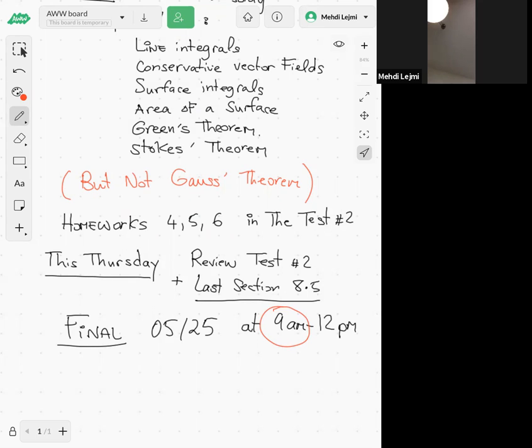So the final is going to be a combination of the first and the second test, and also Gauss theorem. That would be some problems from the first test, problems from the second test, plus Gauss theorem. But anyway, we're going to have a review for the final after the second test, next week, on Thursday.